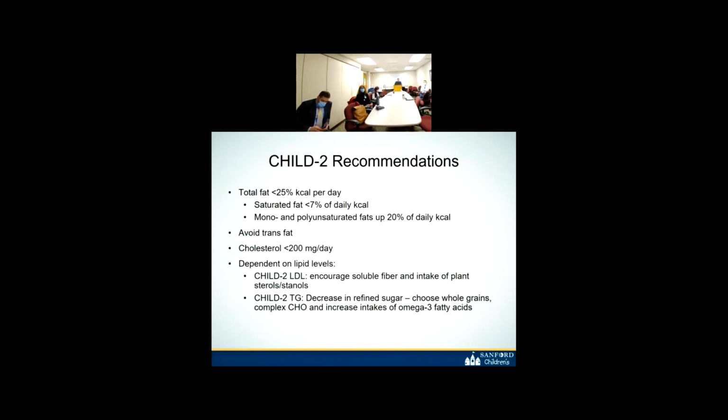Versus child 2, which is a little more stringent, again, both in the total fat, the cholesterol, the fiber intake. And so those are our 2 mainstays for diet recommendations. I get a lot of requests from pediatricians for that, so I included them in the slides just for you to have as a reference.